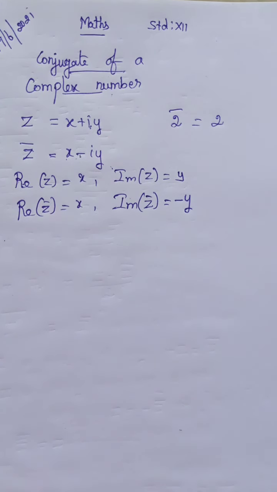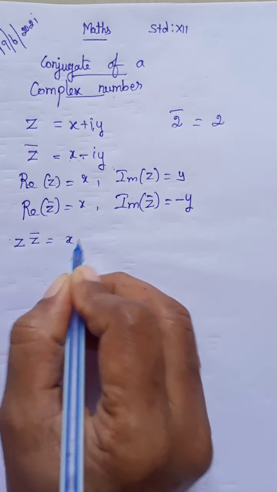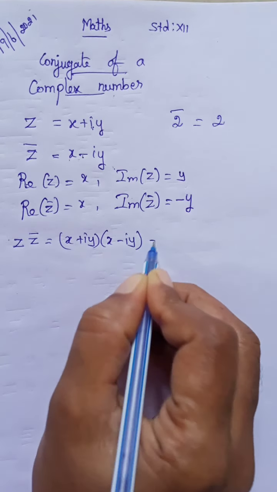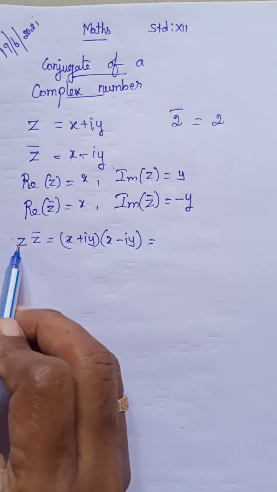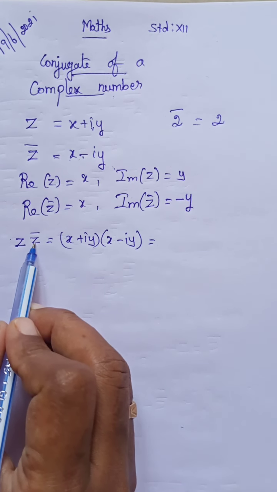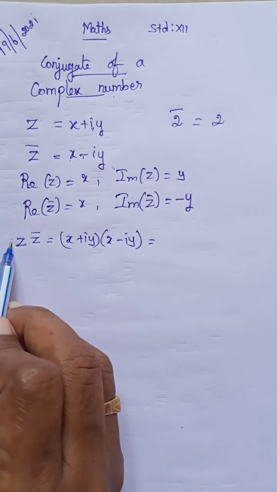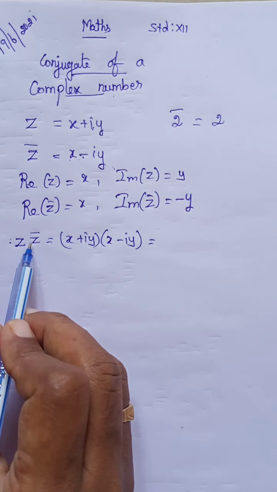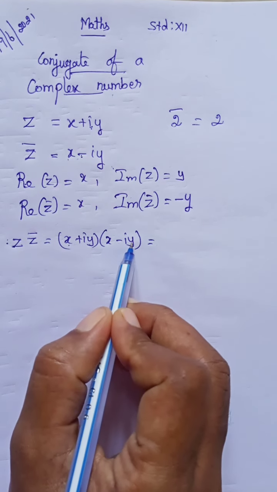Is that clear? And moreover, we have learned z into z bar, that is x plus iy into x minus iy. The product of a complex number and its conjugate is always a real number. Again, we are not going to get a complex number. See here, this is of the form a plus b into a minus b.